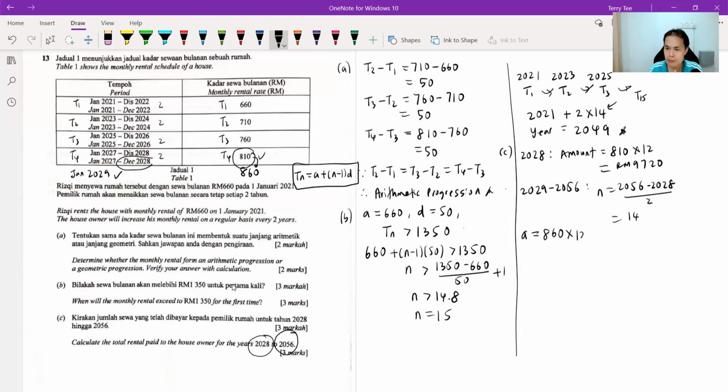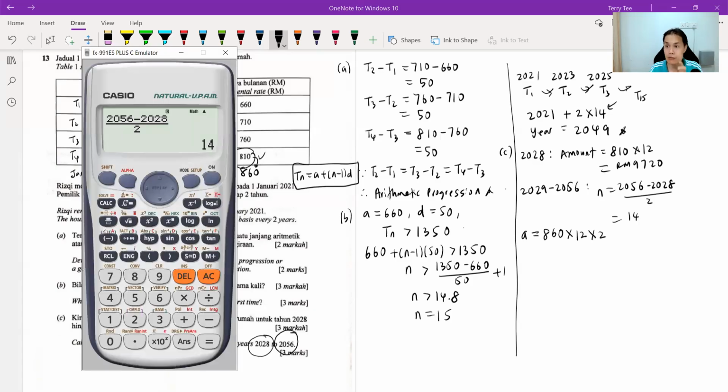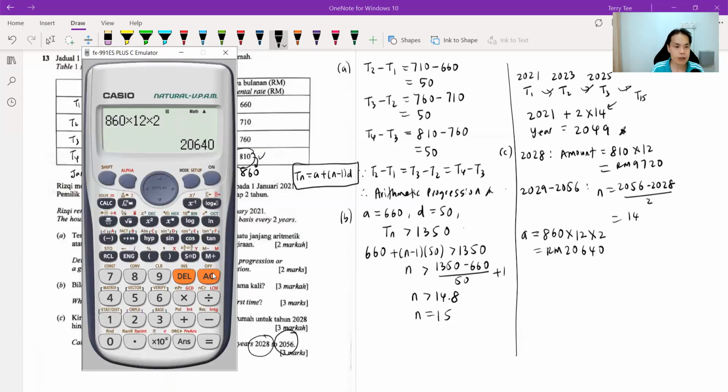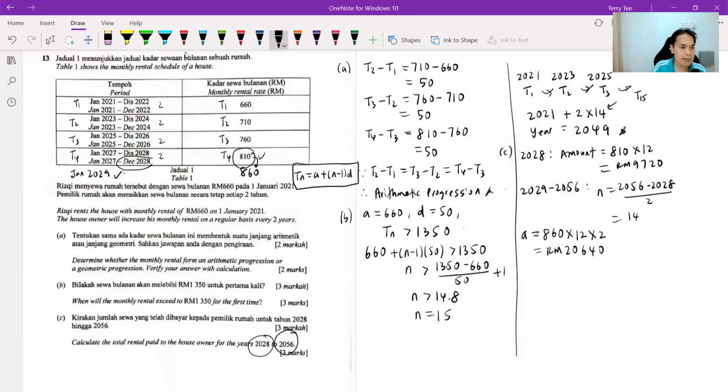In 1 year, there are 12 months. For that 2 years period, you times 2. It's easier to count if you put it that way. So it's 860 times 12 times 2. That gives us 20,640. This is the total amount collected from January 2029 to December 2030.